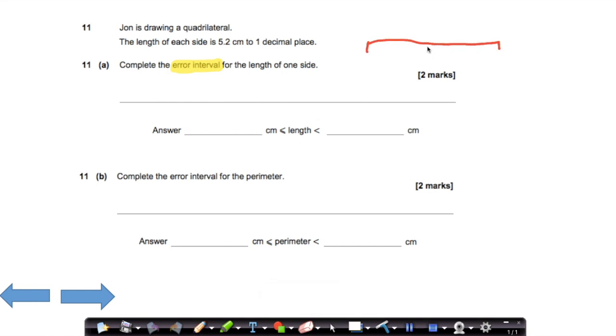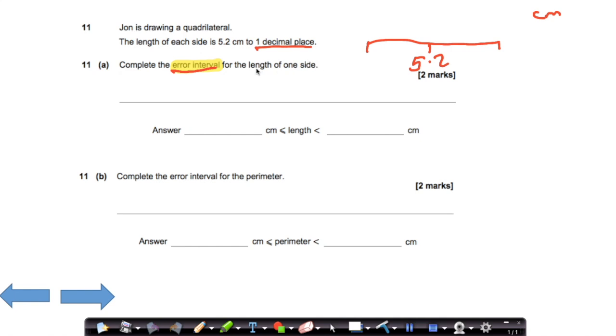So what could it have been between in terms of the bounds of accuracy? Well, if we know to 1 decimal place that each side length was 5.2 centimeters, and we'll just make a little note, we are talking about centimeters here.